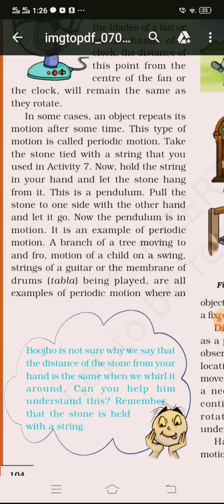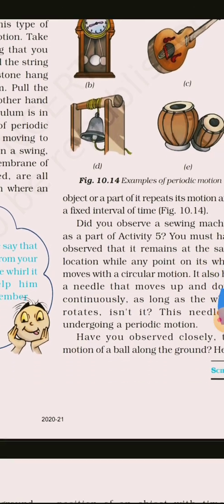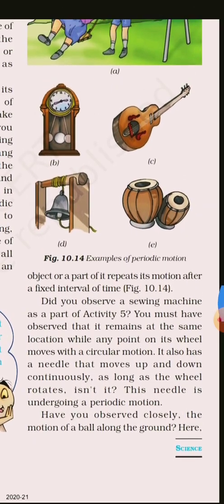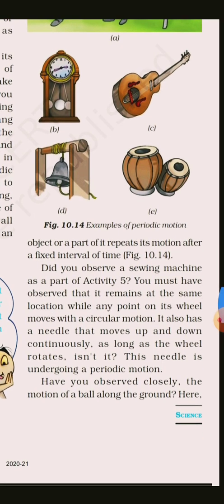A branch of a tree moving to and fro, motion of a child on a swing, a string of a guitar, or the membrane of the drums or tabla being played are all examples of periodic motion, where an object or part of it repeats its motion after a fixed interval of time.